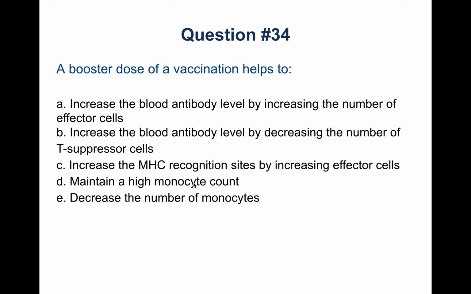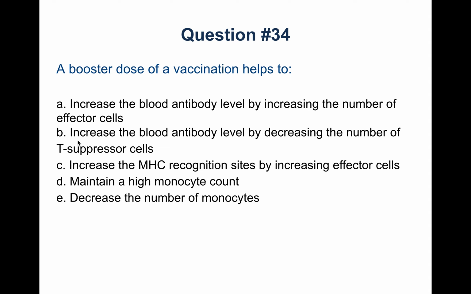Maintaining high monocyte count: the monocytes are part of the innate immune system, not the adaptive immune system. And decreasing the number of monocytes: it does activate them, but I don't think it's really affecting the numbers. It's going to be more about the macrophages.